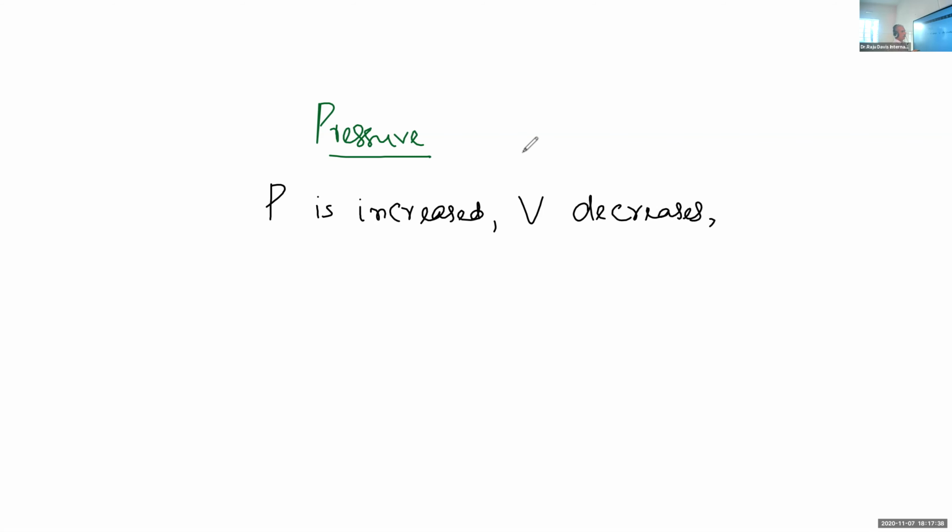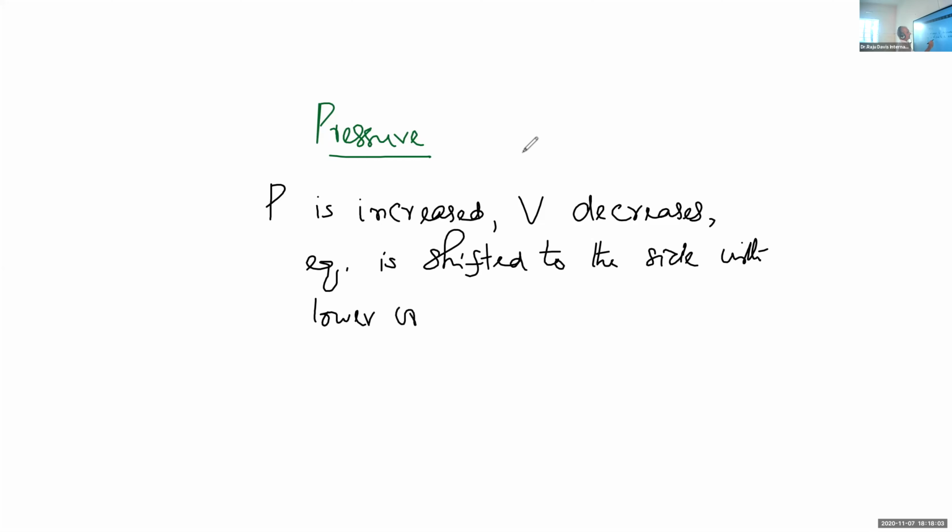And therefore, the equilibrium is shifted to the side where there is a reduction in volume, the side with a lower, smaller volume. To that side, the equilibrium is shifted.